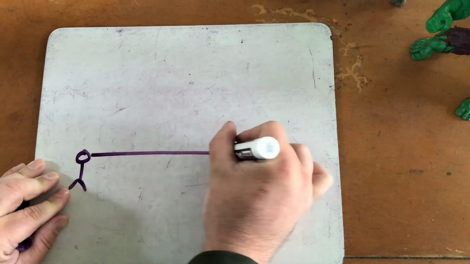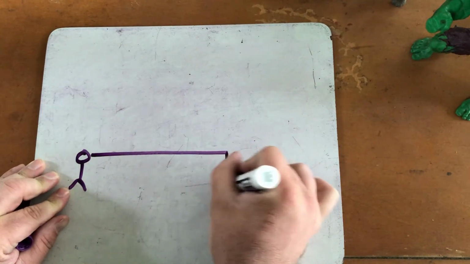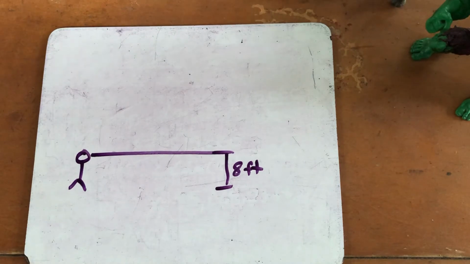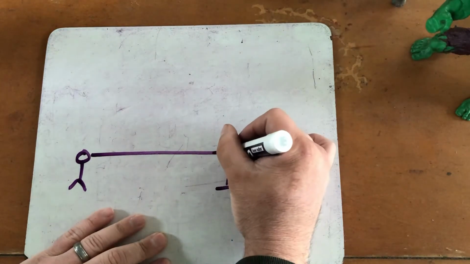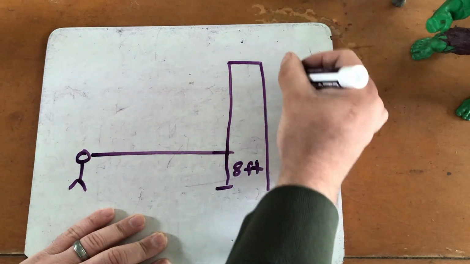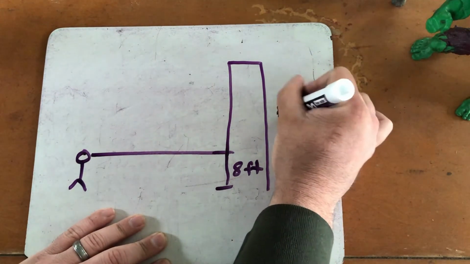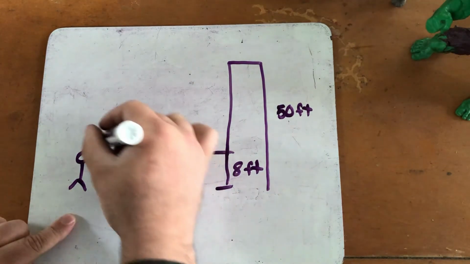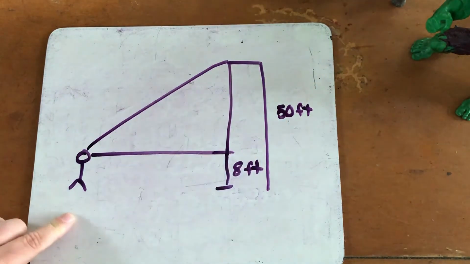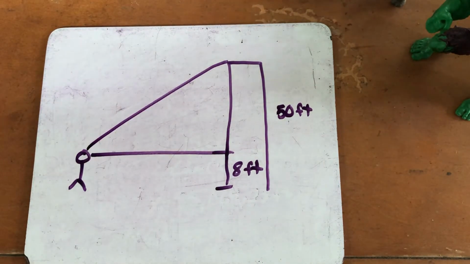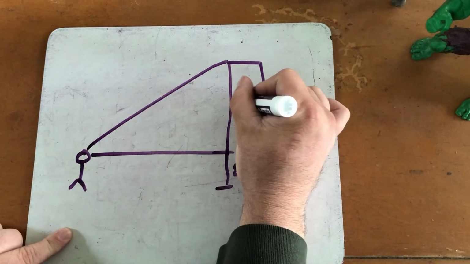We're saying that the line of sight is 8 feet. So I'm pretending I am really tall. Now, the building, so from the top of the building to the bottom of the building is 50 feet. All right, so now, if the triangle is made from line of sight to the top of the building, then this piece is only going to be 42 feet.